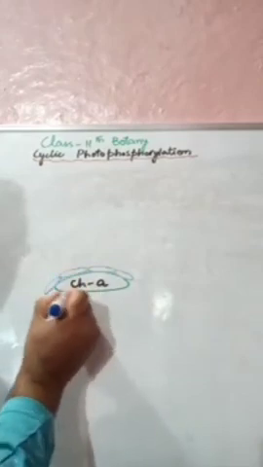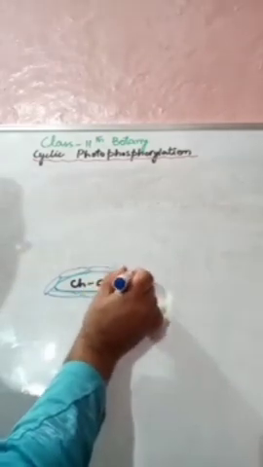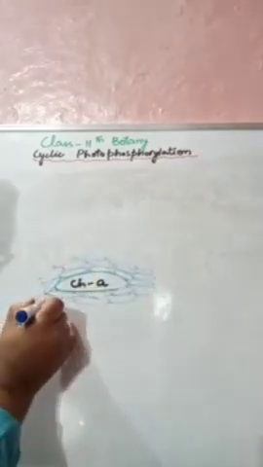For example, this is chlorophyll A, and this chlorophyll A is being surrounded by these accessory cells. So these are the accessory cells.